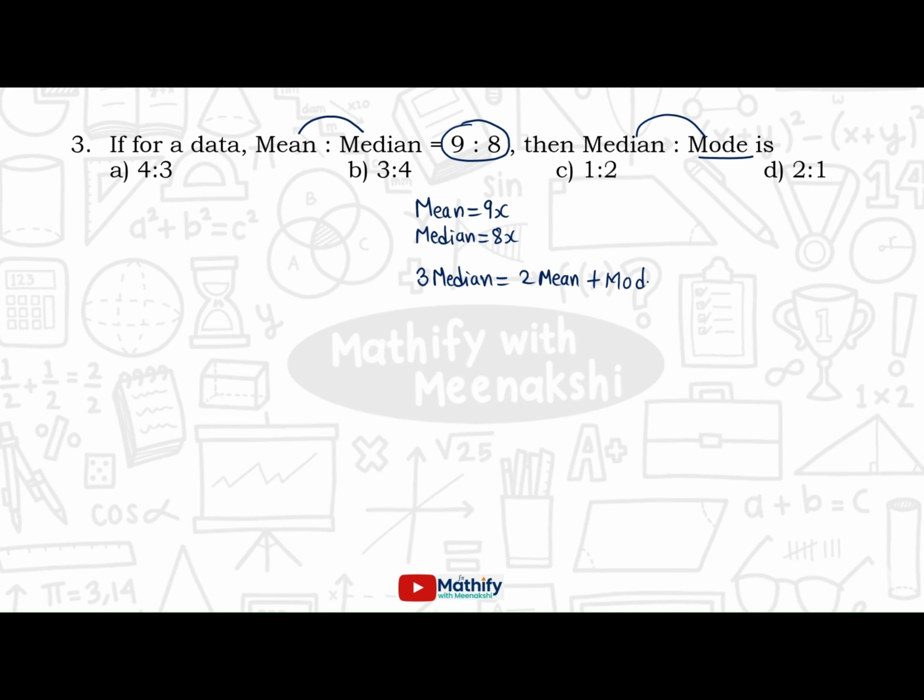That means thrice of 8x is equal to twice of 9x plus mode. You can write 24x is equal to 18x plus mode. So from here, if you transpose 18x to that side, you will get your mode is 6x.